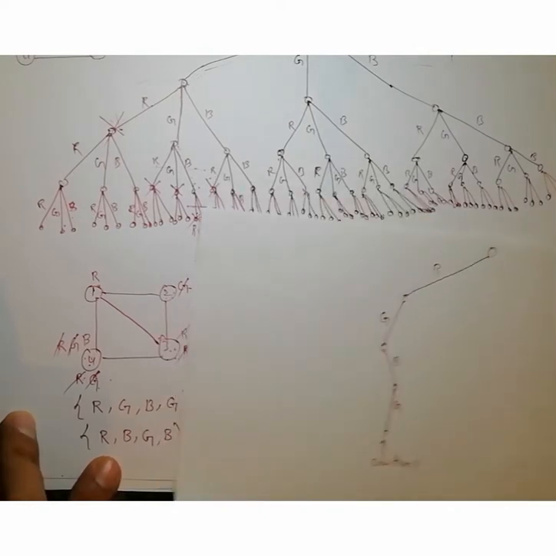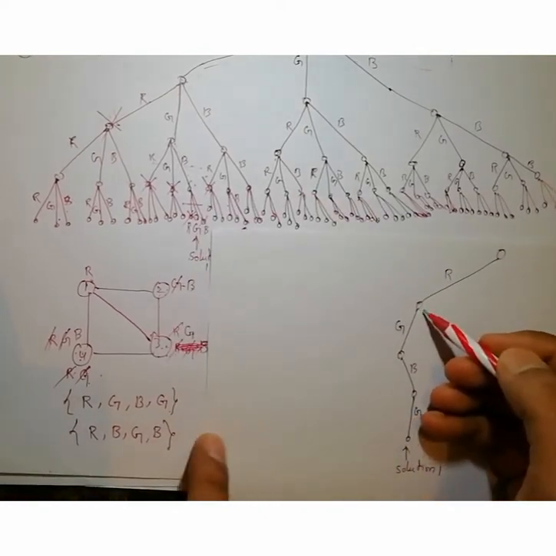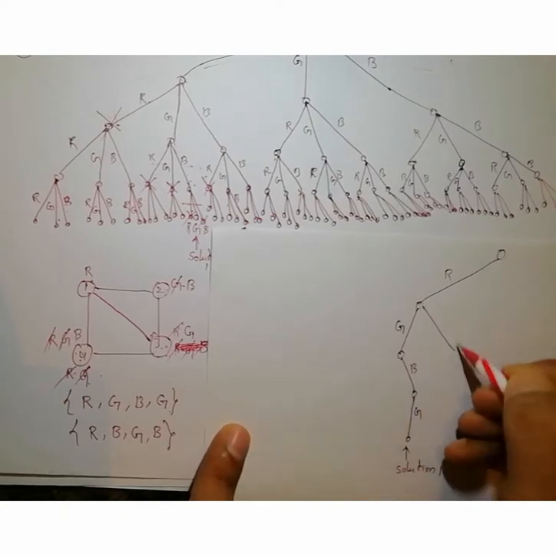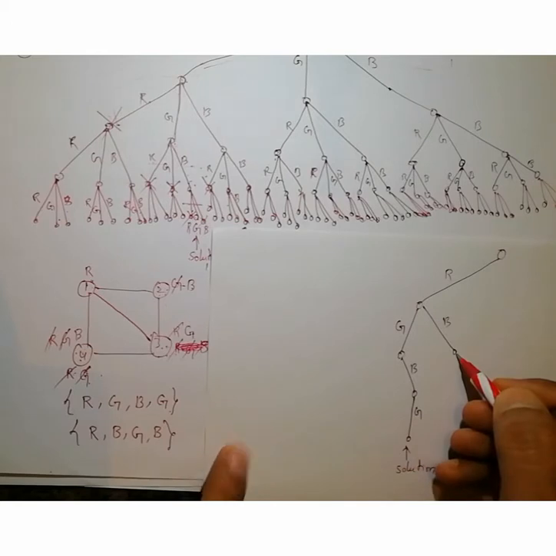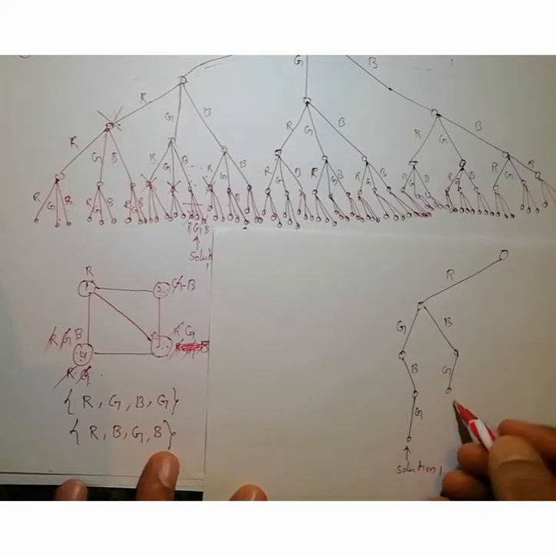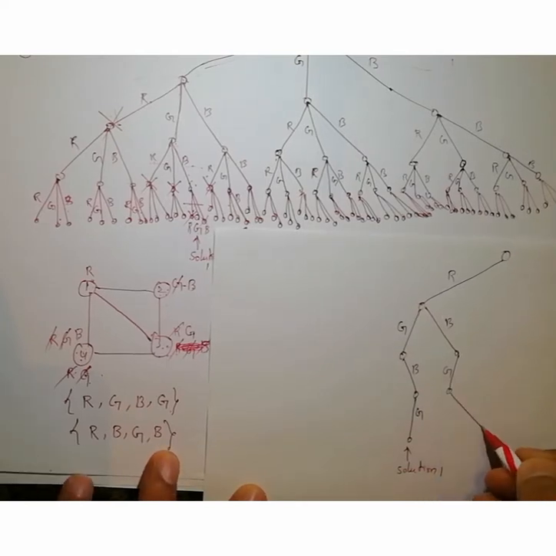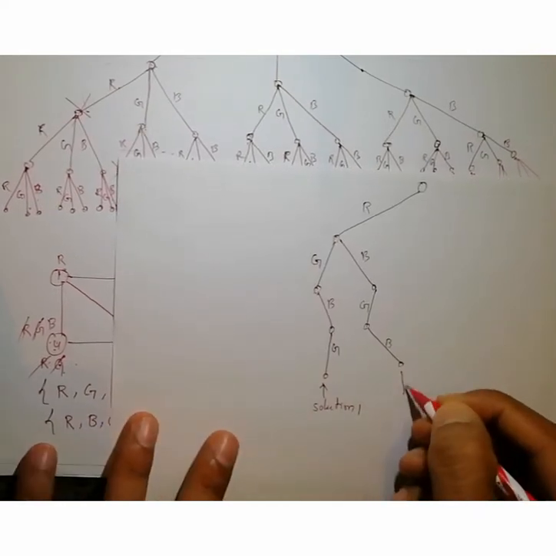So I will write that state space tree here. So red color, next blue color for second vertex. Next for third vertex it is green color. Next for fourth vertex it is blue color. So what is this? This is our solution 2.